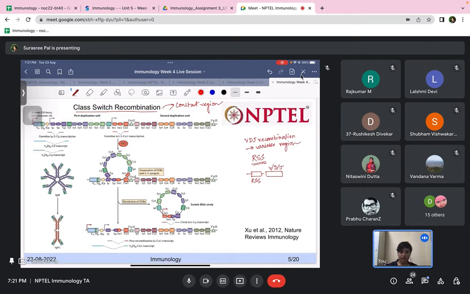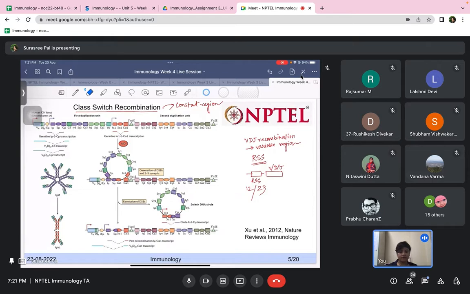And we saw that a 12 base pair RSS can combine with a 23 base pair RSS, and this was the 12-23 rule, right? And if these sequences combine together, they will help in the recombination event.